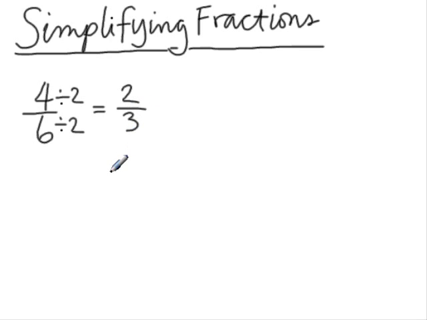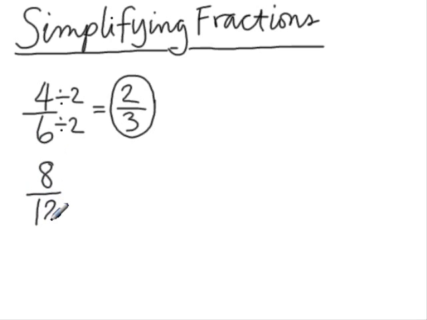Now, is there a number which will divide evenly into both 2 and 3? Well, the only number that divides evenly into both of them is 1. And so this is the simplest form, the smallest numbers that can express this fraction. It's equivalent to 4/6.